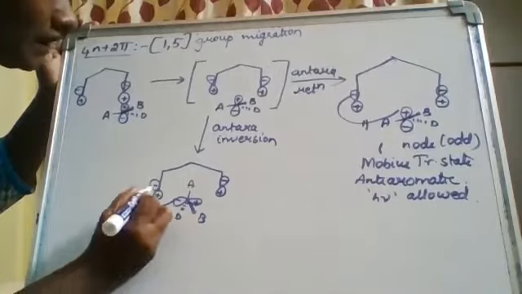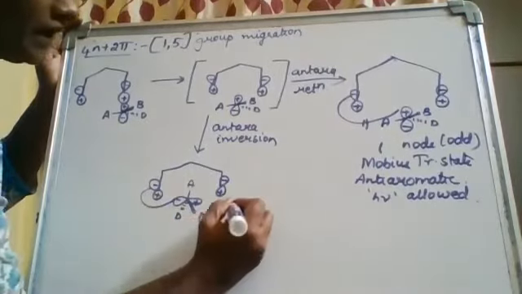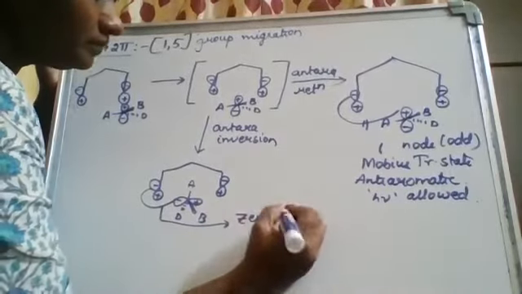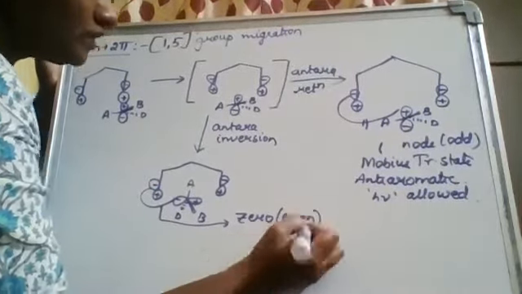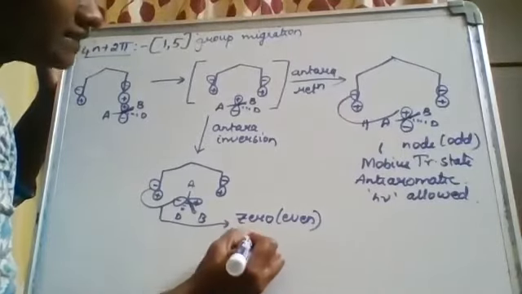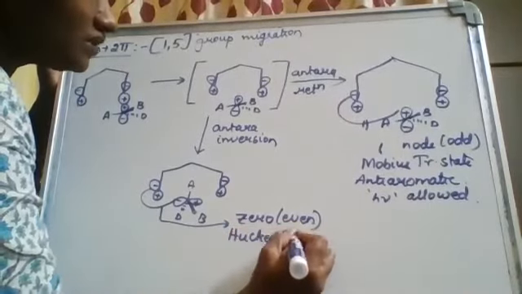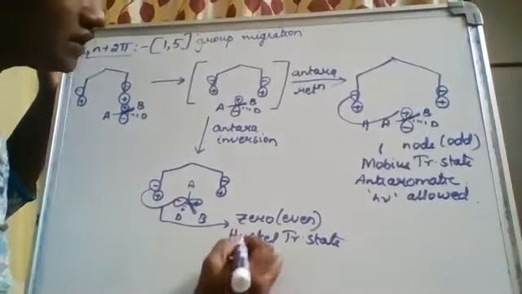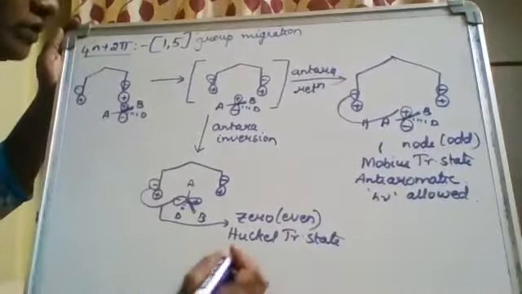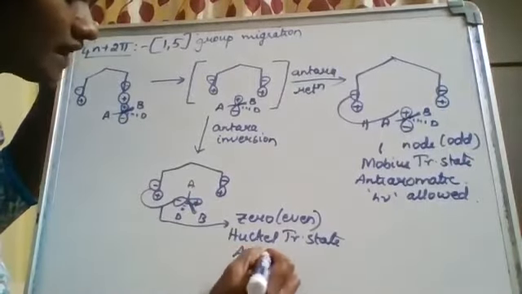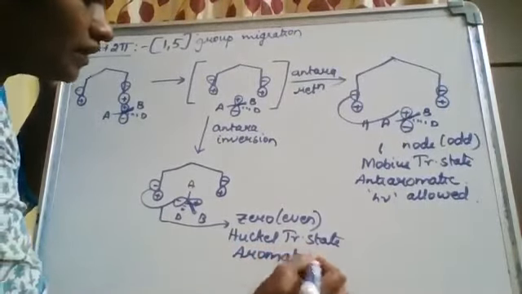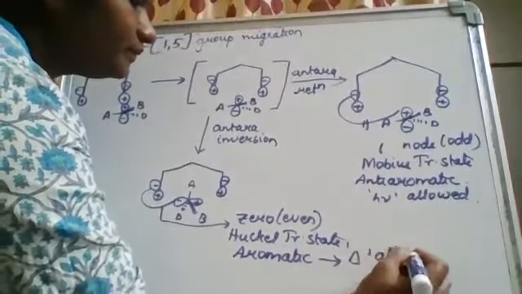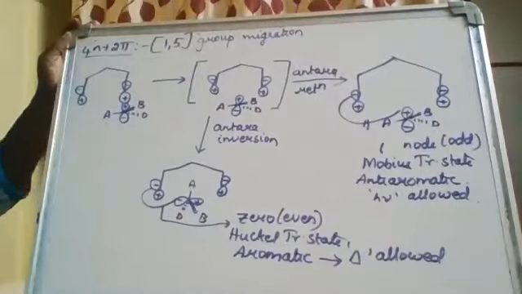Antarafacial migration, I have 0 nodes. That is an even number of nodes. Hence, I can classify it as a Huckel transition state. Since it is a Huckel transition state, the molecule belongs to a 4n plus 2 pi system, hence aromatic. All aromatic transition states are thermally allowed.